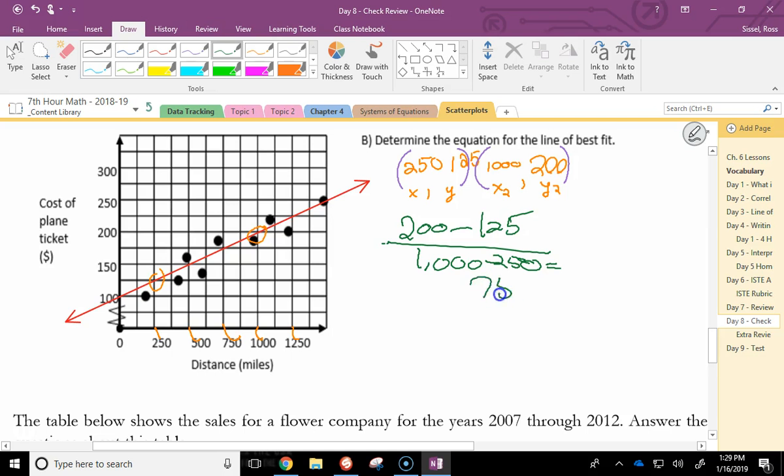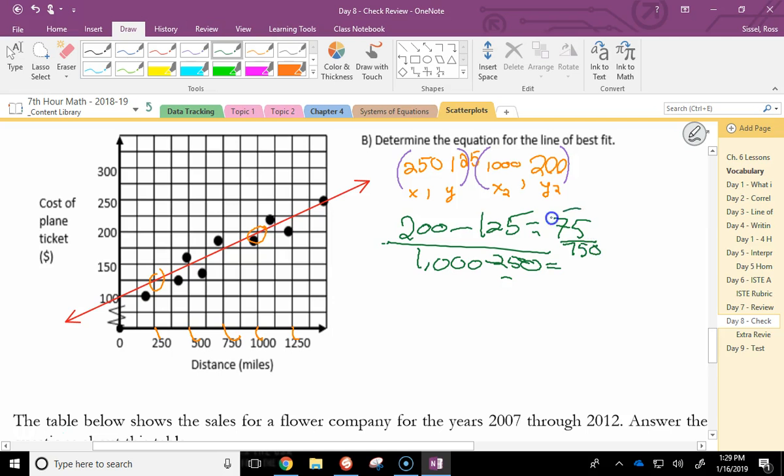And then what is our 1,000 minus 250? 750. So 75 on top, but on the bottom, 750. Good job, Charles.